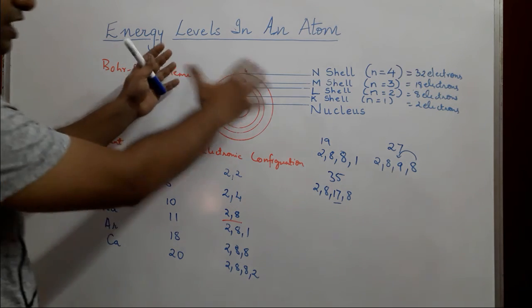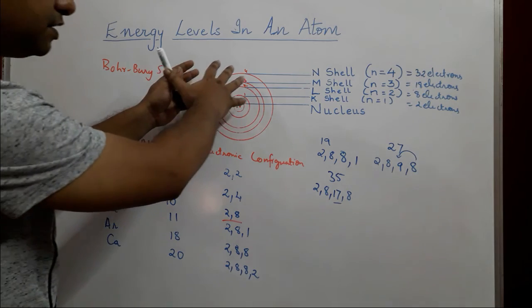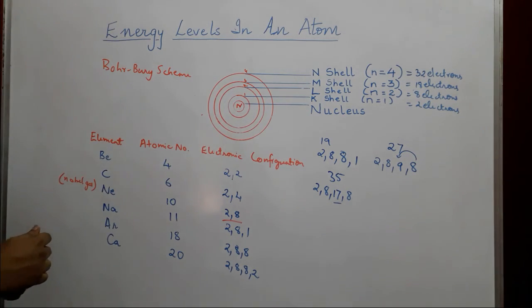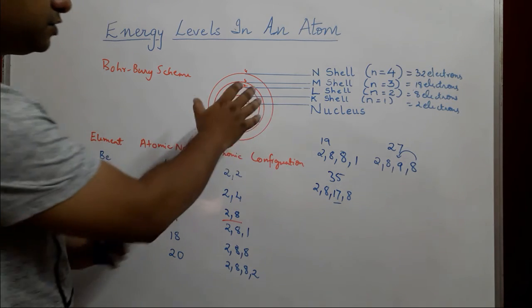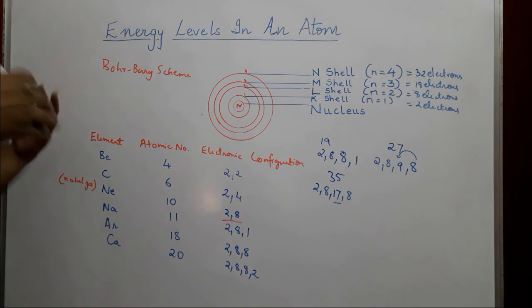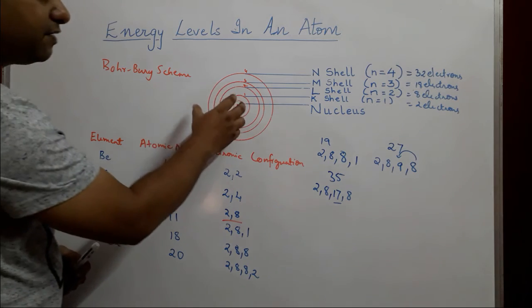Remember, these shells are regions surrounding the nucleus, and those regions are a special area for those particular electrons to be present. You can't accommodate more than required, and they have various energy levels.